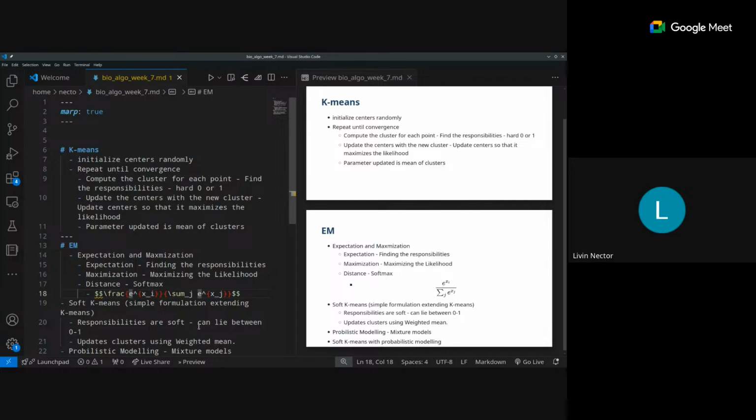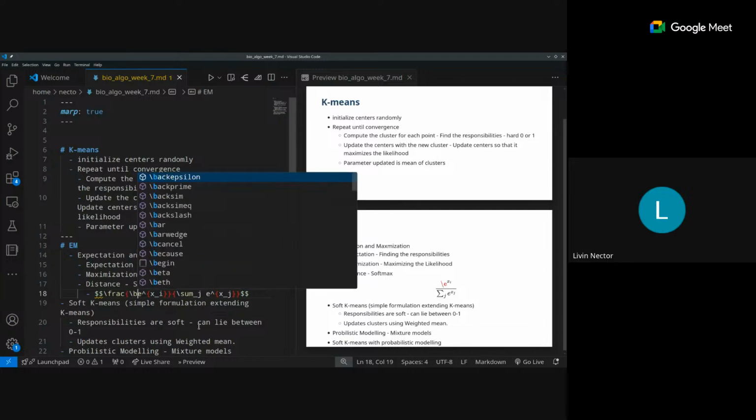Here we also add a kind of scaling factor or stiffness factor called beta.